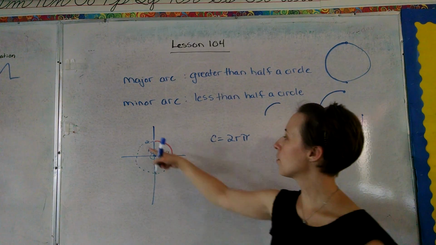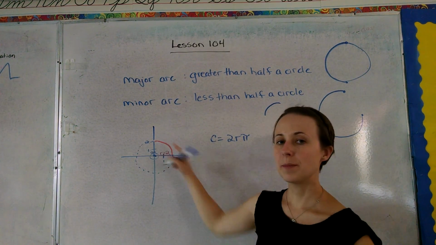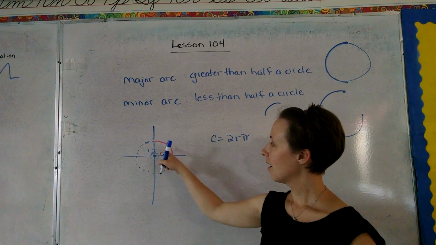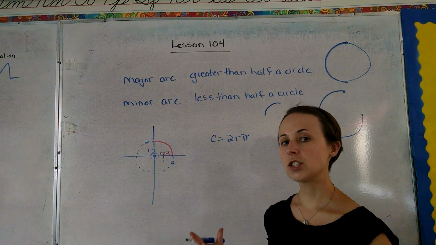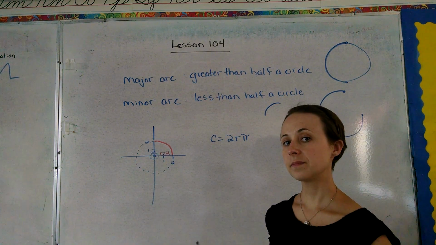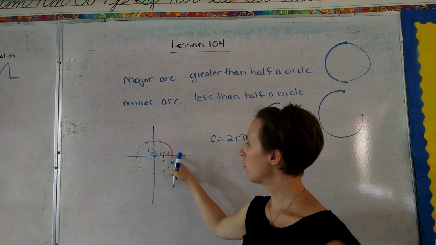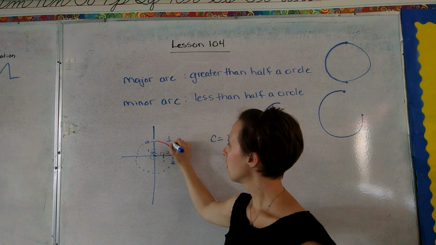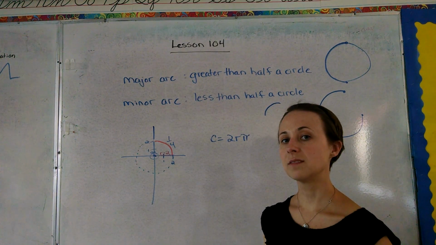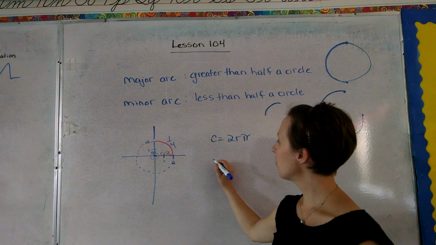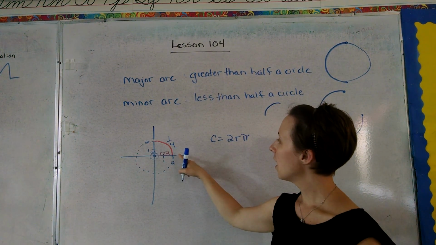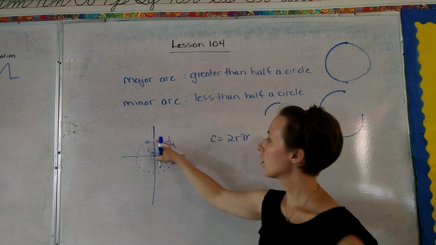But I don't want the circumference of a full circle. I want the measure of an arc. This arc is what fraction of the whole circle? Well, when I look at it, I see that it is 1/4 of the whole circle.